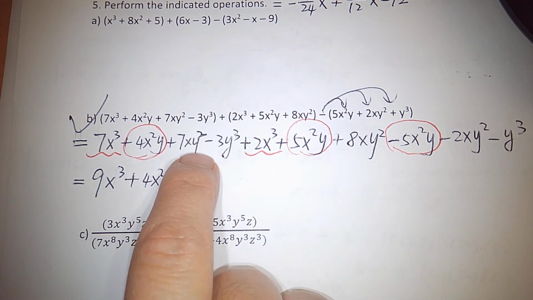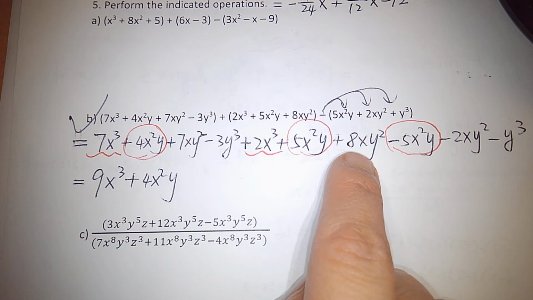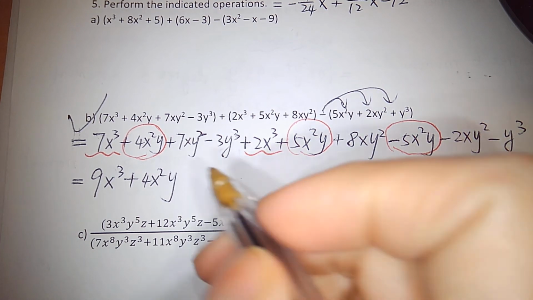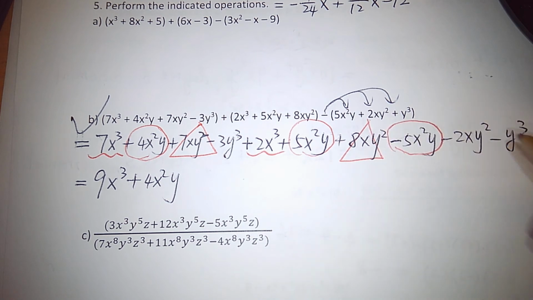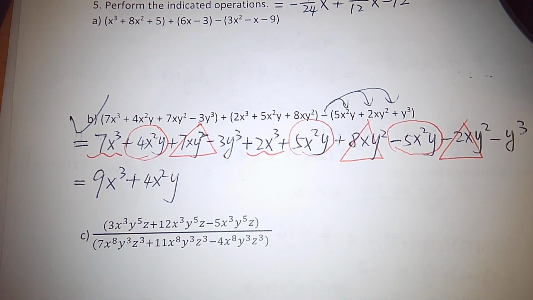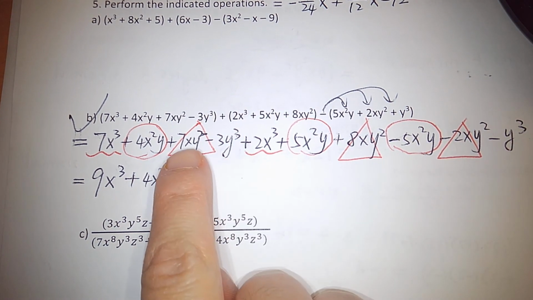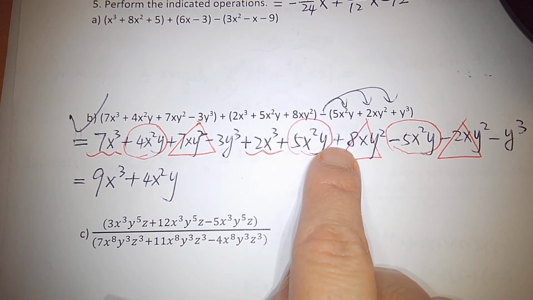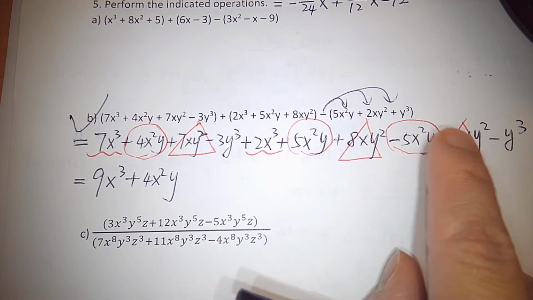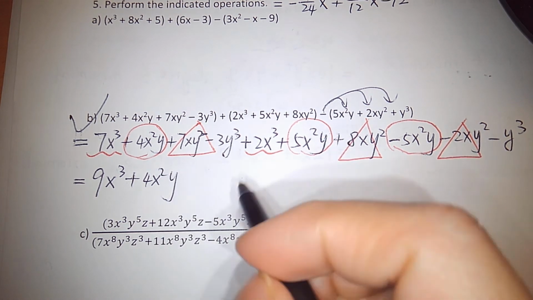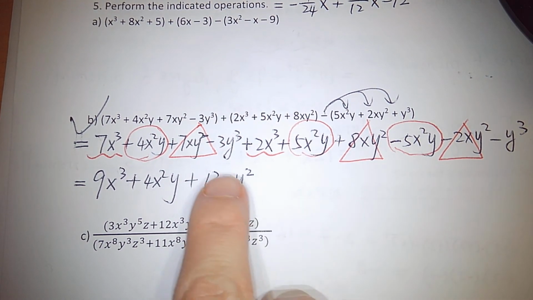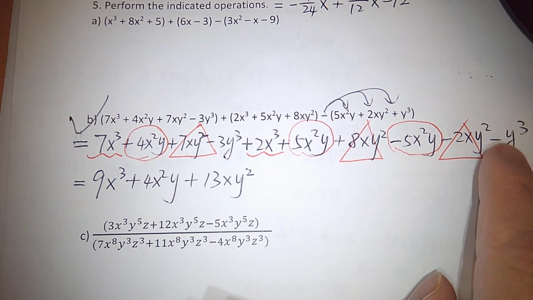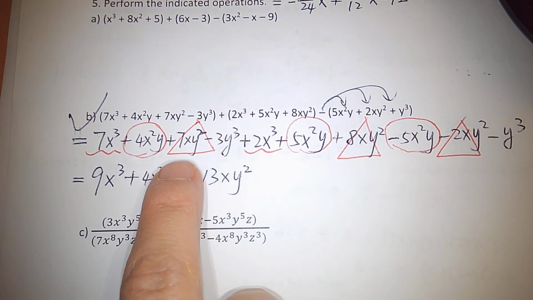Then for the xy squared term, do you see it? We have a 7xy squared, 8xy squared, negative 2xy squared. 7 plus 8, 15 minus 2, right? 13xy squared. And then for the y to the cube, guys, do you see that?